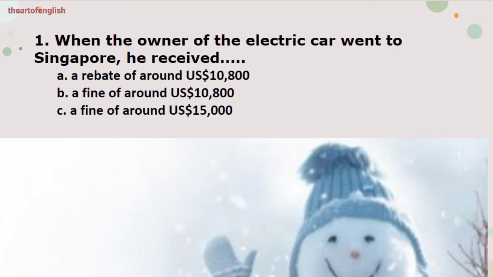To answer it, you should scan the text for the words $10,800 and $15,000. Do not read the text again. Just search for these two keywords. Once you find the right sentence, read it attentively to get the answer.